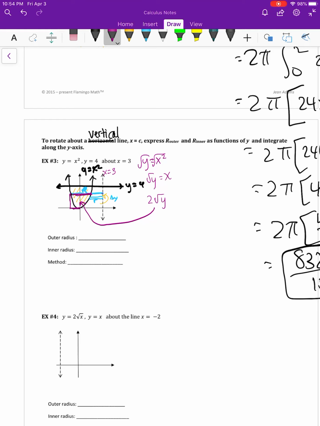Because this one is x equals 3. So from here to here, how are we going to figure out what that distance is? If we're spinning it, it's only really the region from 0 to 4, and we're rotating it about that line, x equals 3. How are we going to figure out what that is?